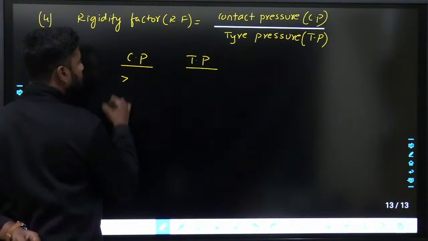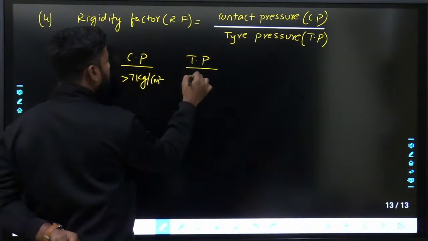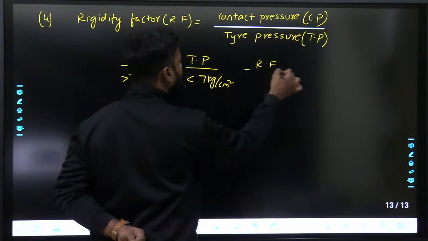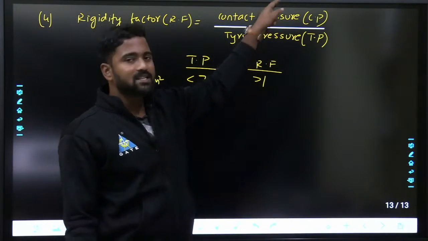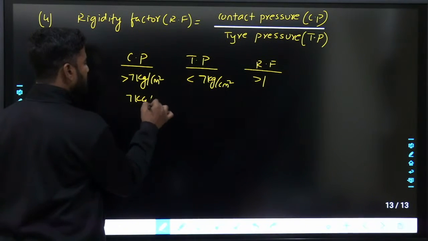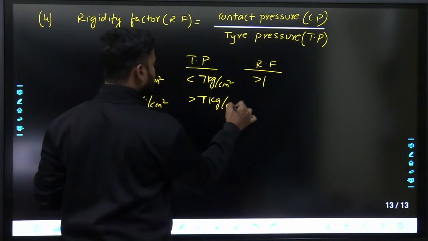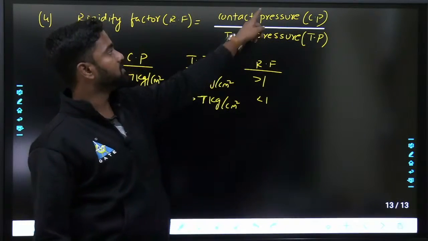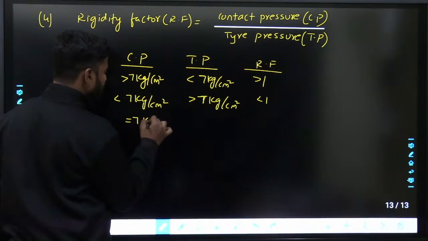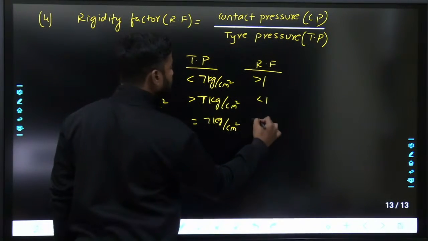If contact pressure is more than 7 kg per centimeter square and tire pressure is less than 7 kg per centimeter square, then rigidity factor will be more than 1. That means, if this is 8 and this is 6, it will be more than 1. And if contact pressure is 6 and tire pressure is 8, rigidity factor would be less than 1. And if both are equal to 7 kg per centimeter square, this value will be generally equal to 1.